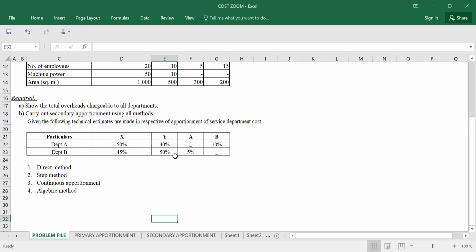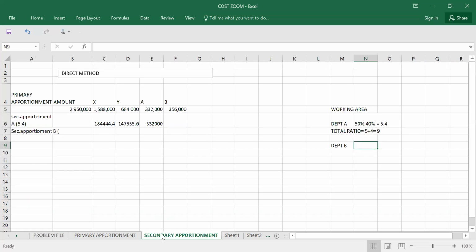So we are distributing 45 to 50. Now 45 to 50, we come back here as saying B is distributing to X and Y. It will be equal to 45% to 50%.